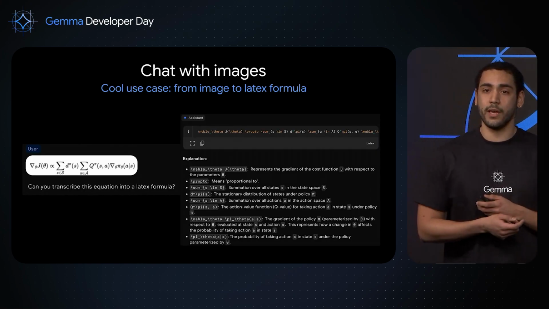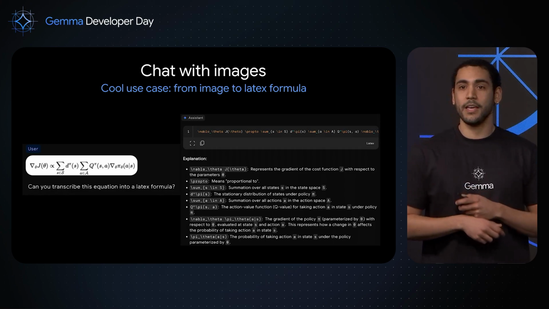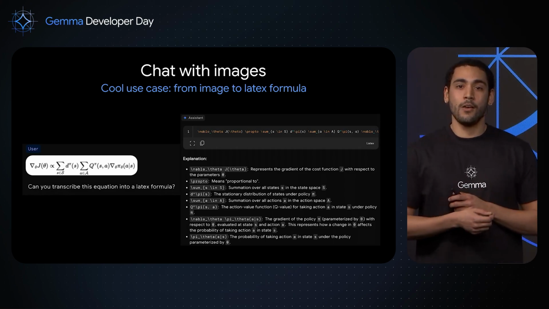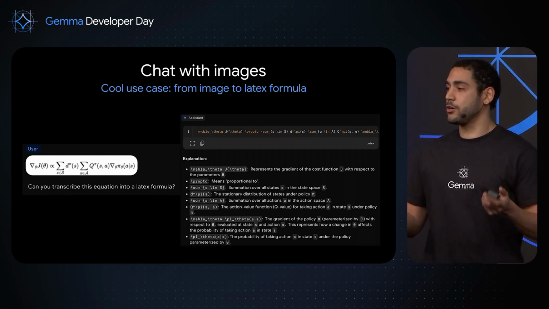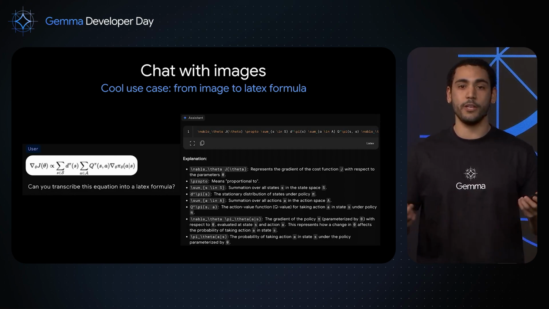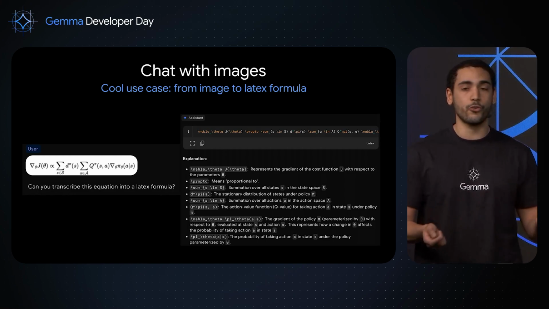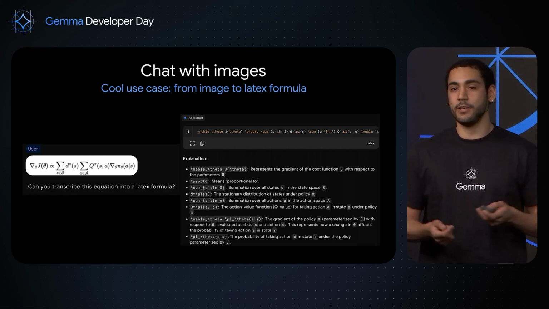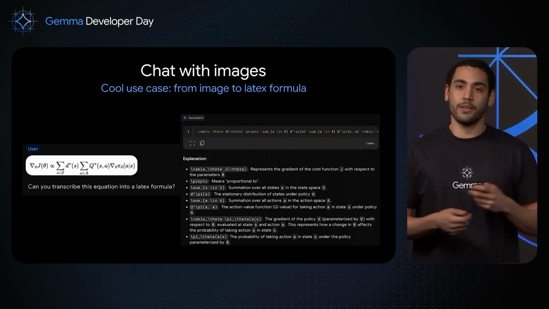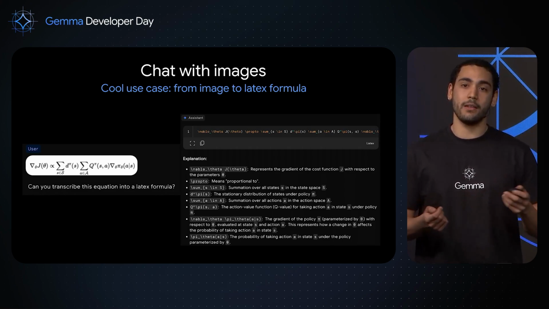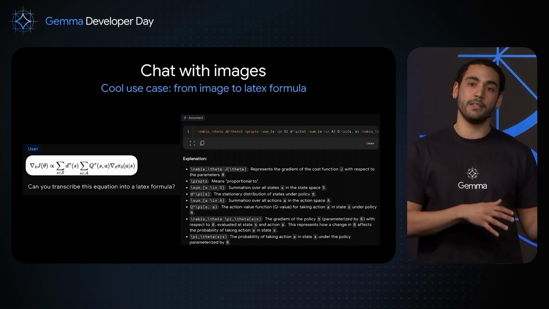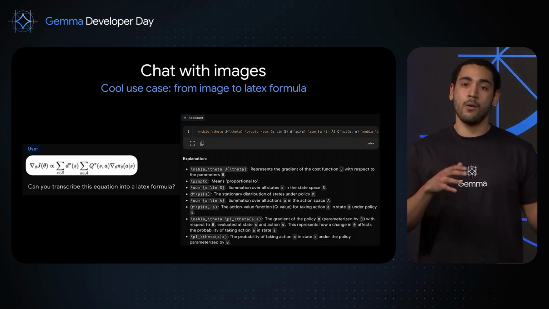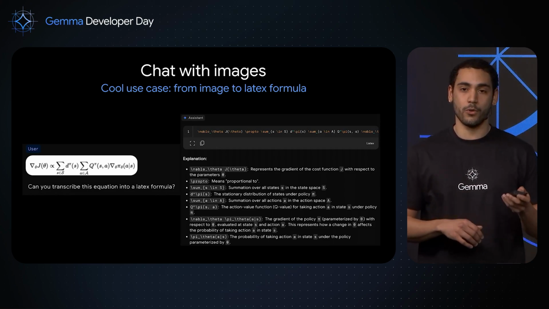Then we have a cool use case where we want to go from images to LaTeX formula. So we took a screenshot of a math equation, and we asked Gemma, can you transcribe this equation into LaTeX formula? This was easy work for Gemma, which outputted the LaTeX formula, plus some nice explanations of the math formula.